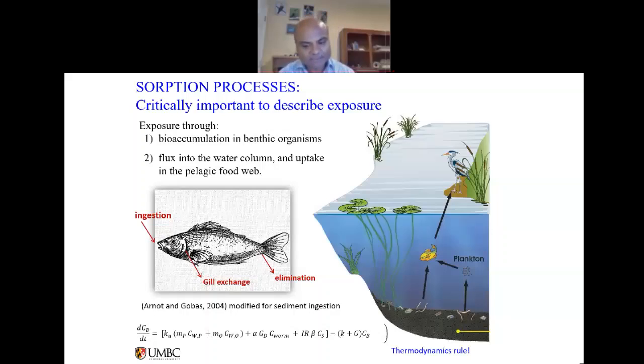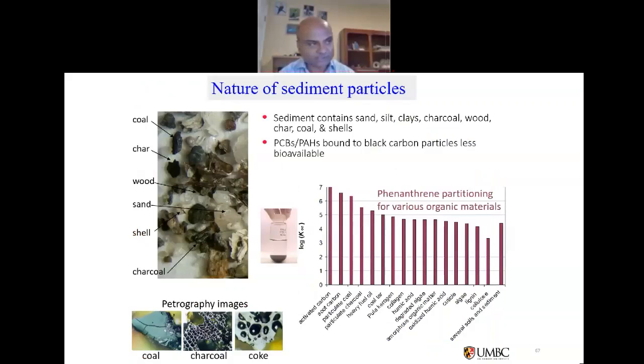And in some, they are not bound that strongly, and they are more bioavailable for uptake in the food web. And some of our early work looked into understanding the difference across sites that we were observing in nature, where some sites were holding on to the past legacy more strongly than others. Next slide, please.